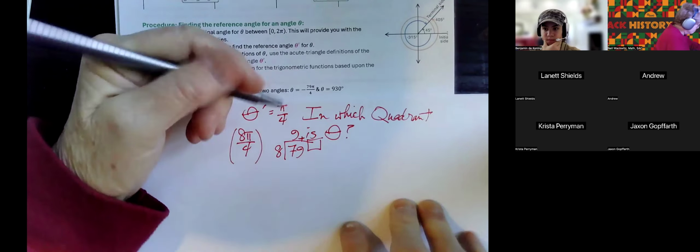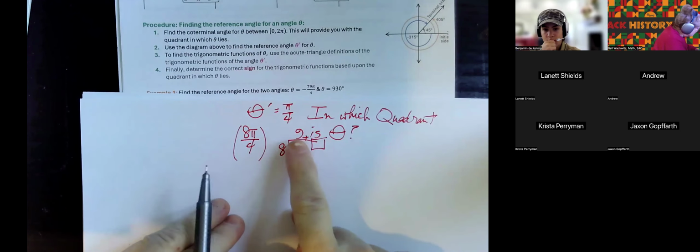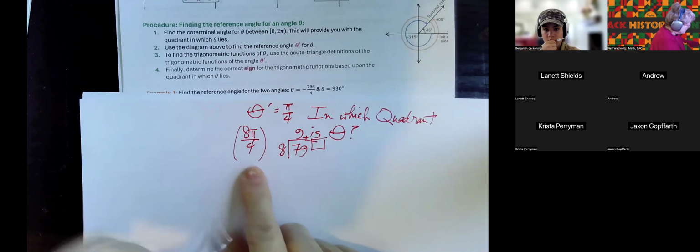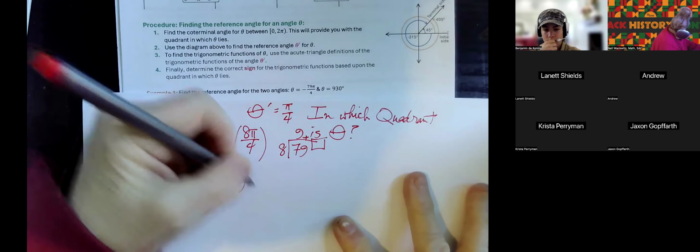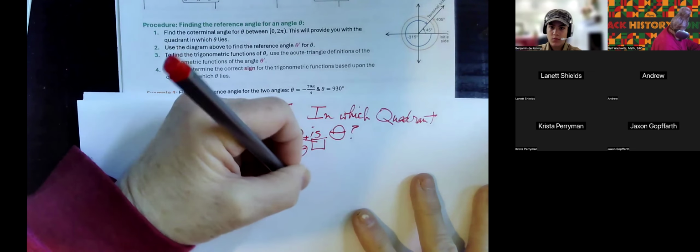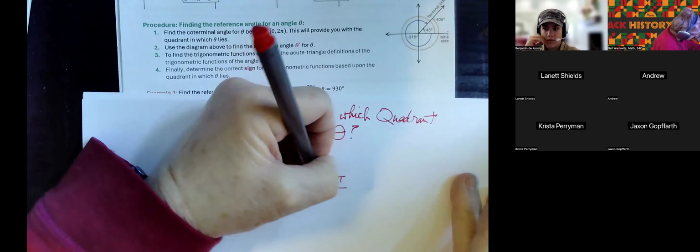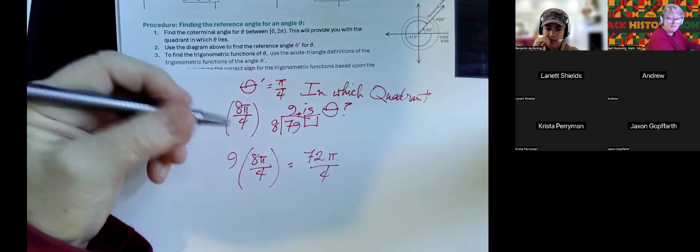Okay. So that's how Ben got to 9 times 8 pi over 4. So let's see. 9 times 8 pi over 4 is 72 pi over 4. And let's add that to negative 79 pi over 4.